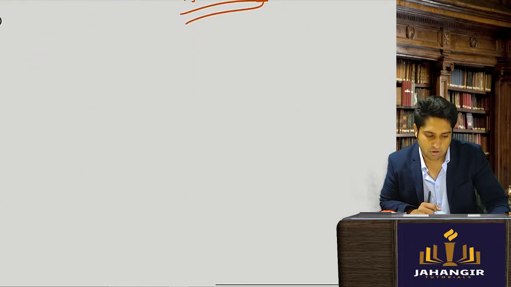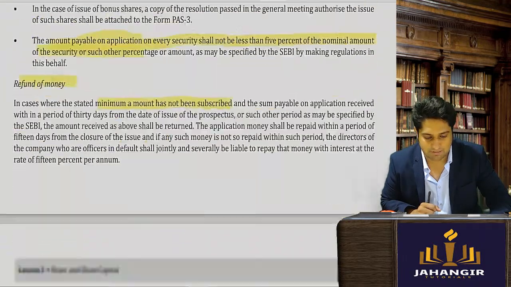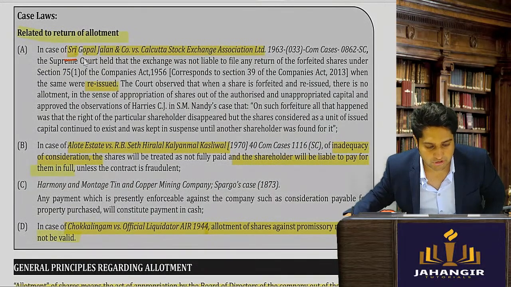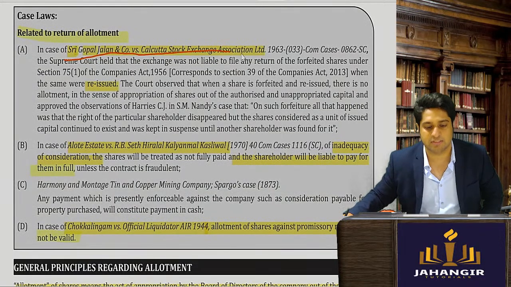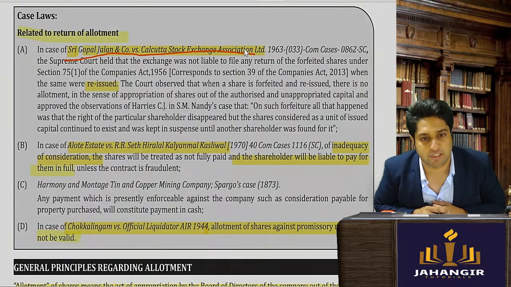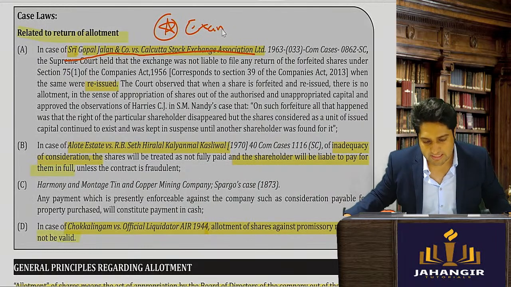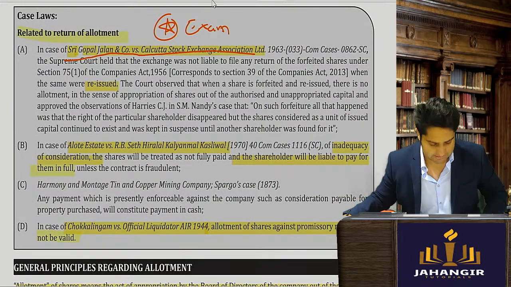Now why am I telling you this? Because there is a case law, and it's an exam case law also. This is the name of the case law: Shri Gopal Chalan and Company versus Calcutta Stock Exchange. Very important exam case law, okay. Now what is this case law? And I want you all to make a guess.